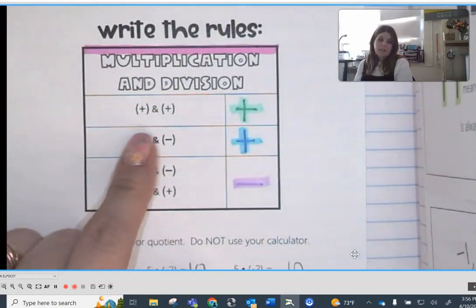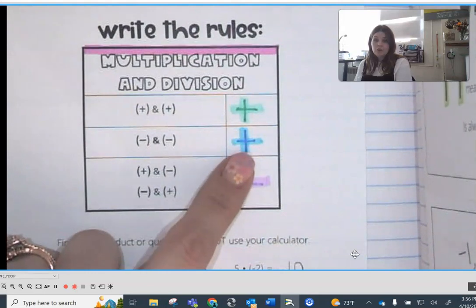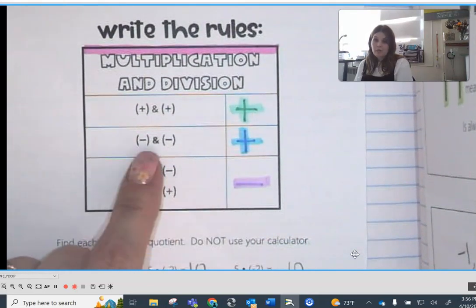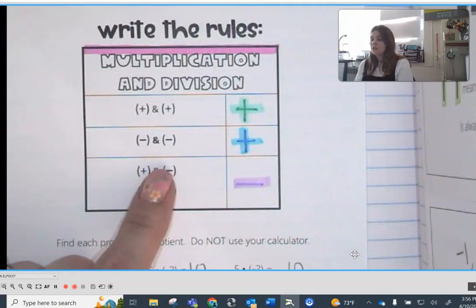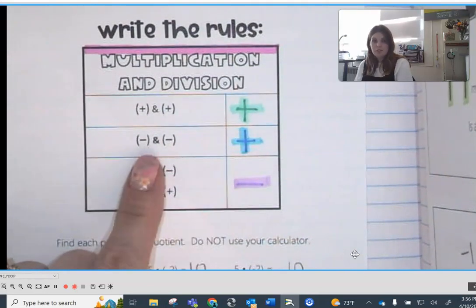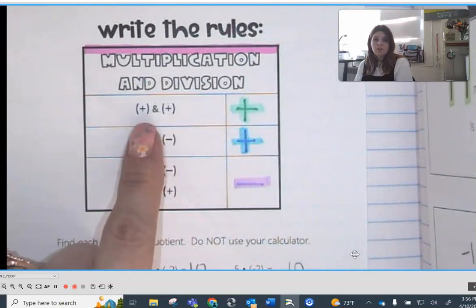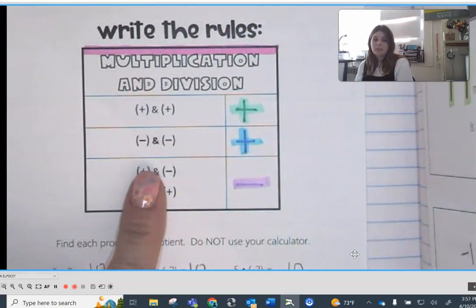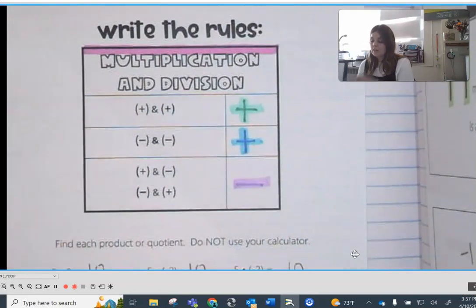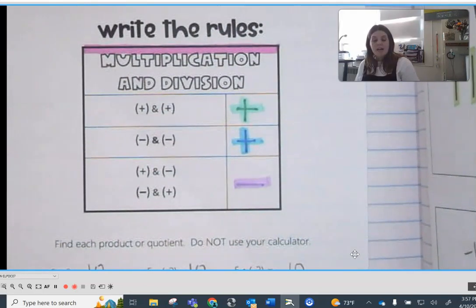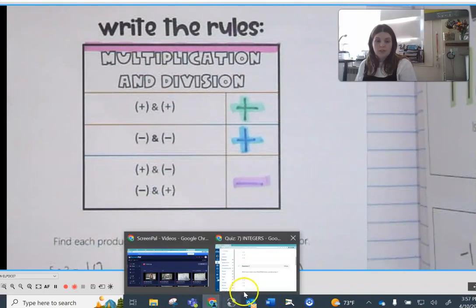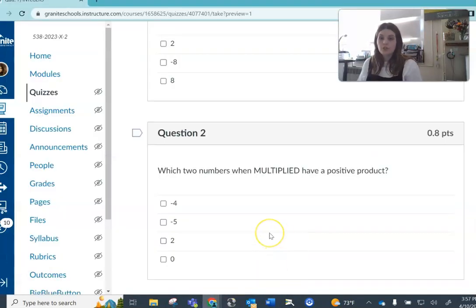If you multiply a negative and a negative, they turn positive. And if you mix the signs, one positive, one negative, that's the only way where you get a negative. It's like the negative wins. If they're the same sign, it's always positive. If you mix a positive and a negative, your answer is negative. You need that knowledge in order to answer question 2.